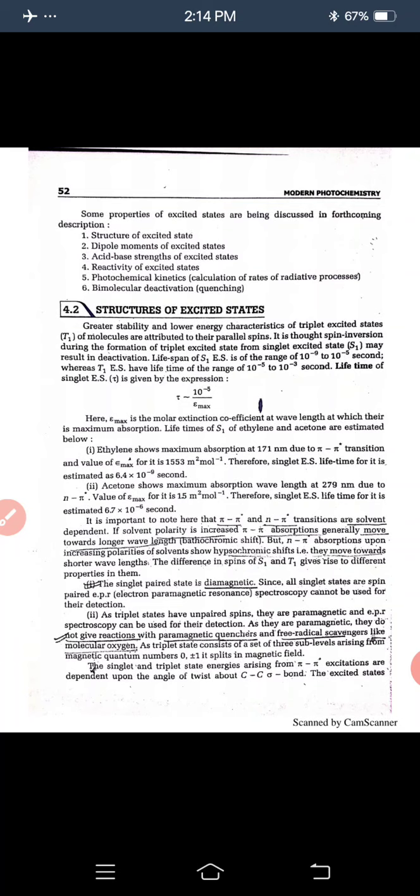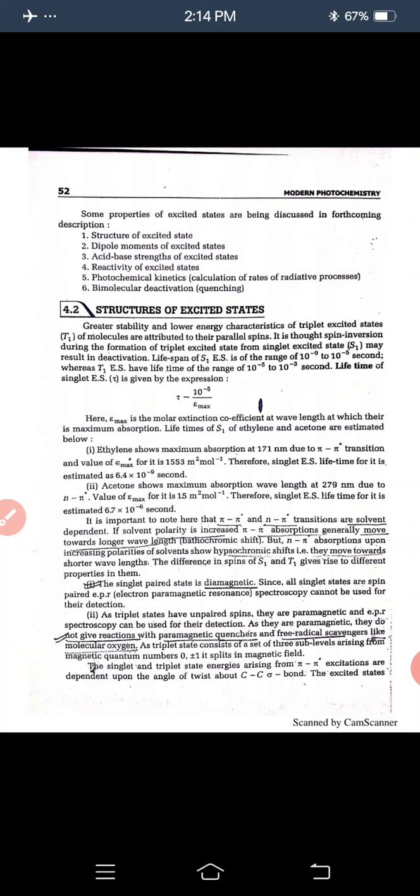We discuss the first description, that is, the structure of the excited states. The greater stability and lower energy of the triplet excited state, T1, of molecules are attributed to their parallel spin.